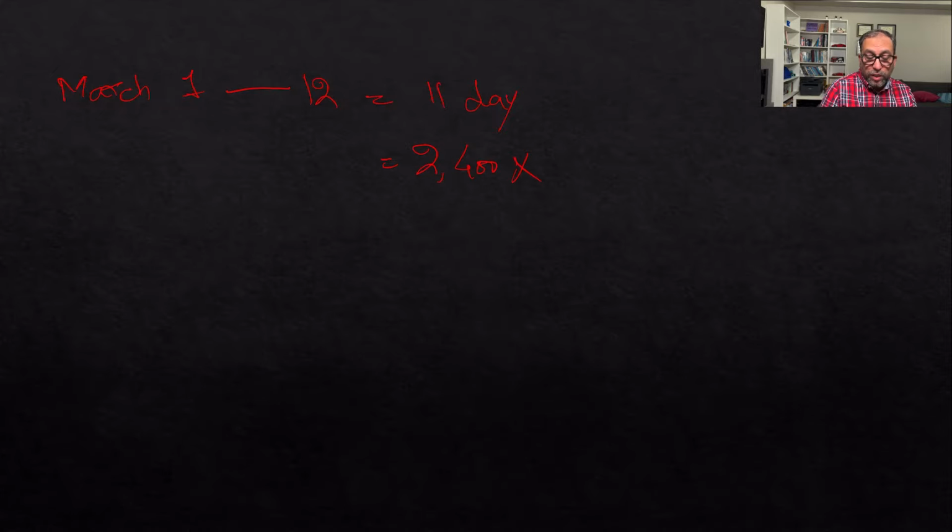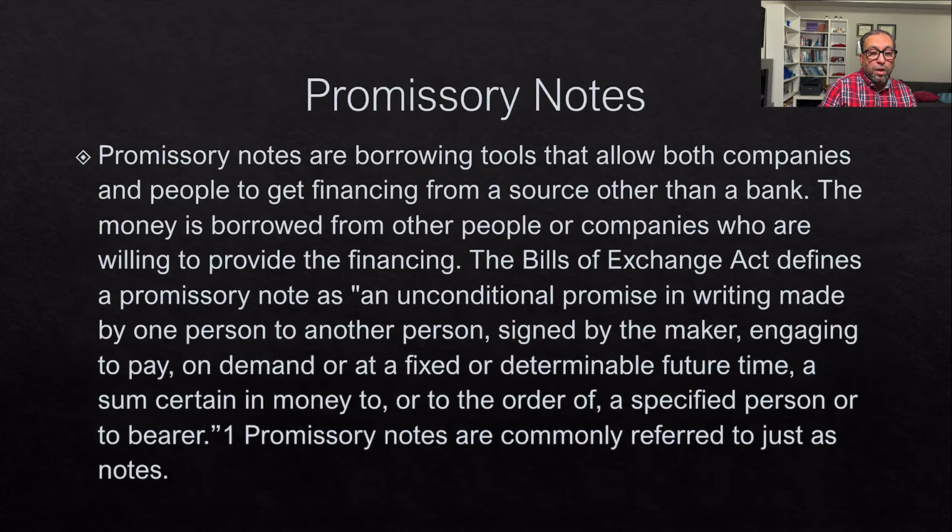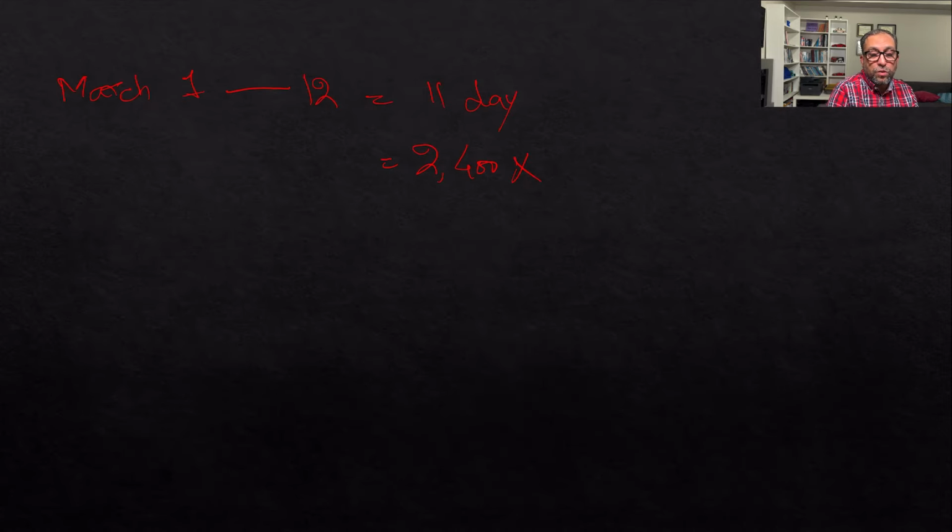Multiplied by the rate of interest, 0.075, divided by 365, times 11.